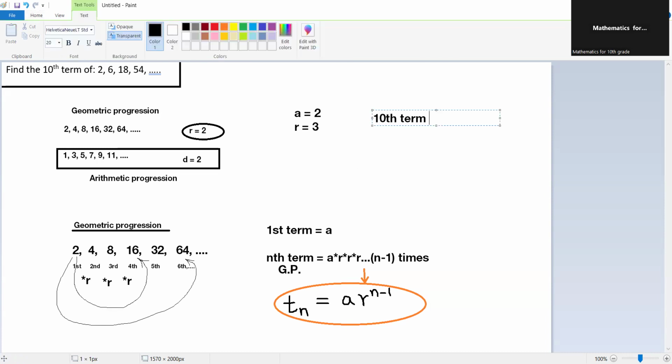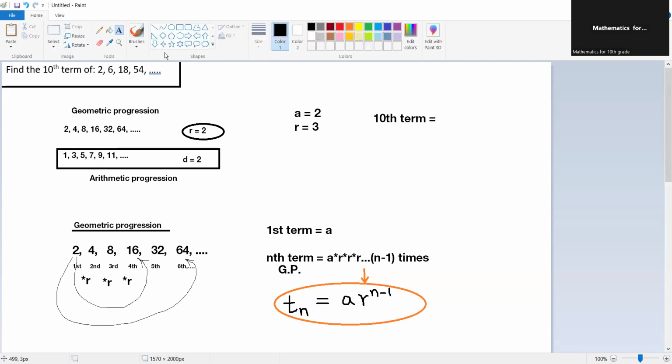The 10th term, by this formula, which I put an arrow here, of the geometric progression, GP, given in the question is a times r power n minus 1. So what is a here? a is 2 into r.